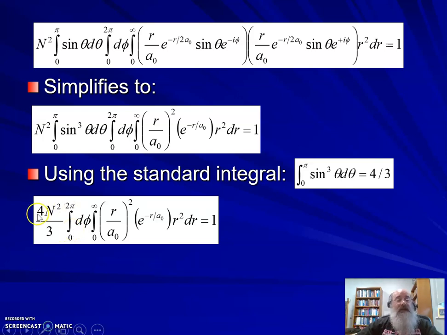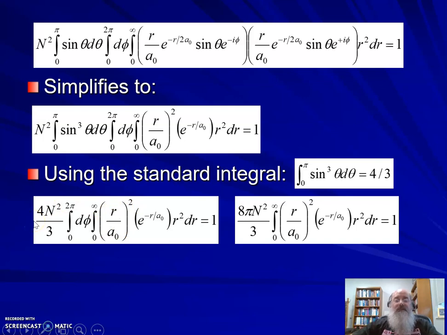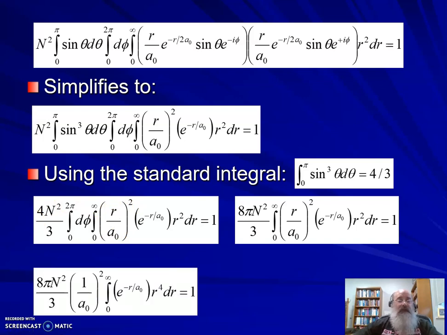So 2 pi times 4 n squared over 3 is just 8 pi n squared over 3. We can move out the 1 over a0 squared as well, and so we're left right here. So all we have to do now is take the integral of this exponential. The r to the 4th is here because of the r squared that came from d tau and the r squared that comes from here. And so that leaves us with just that integration left to do.